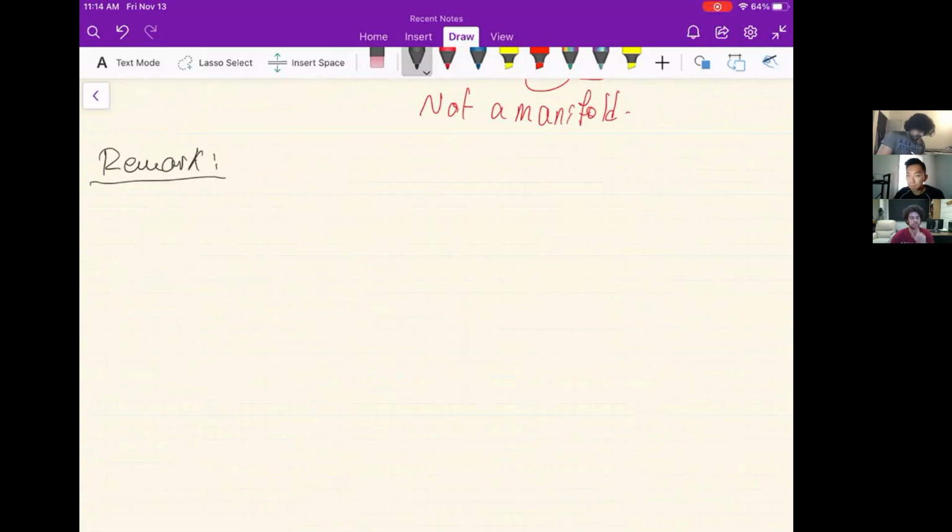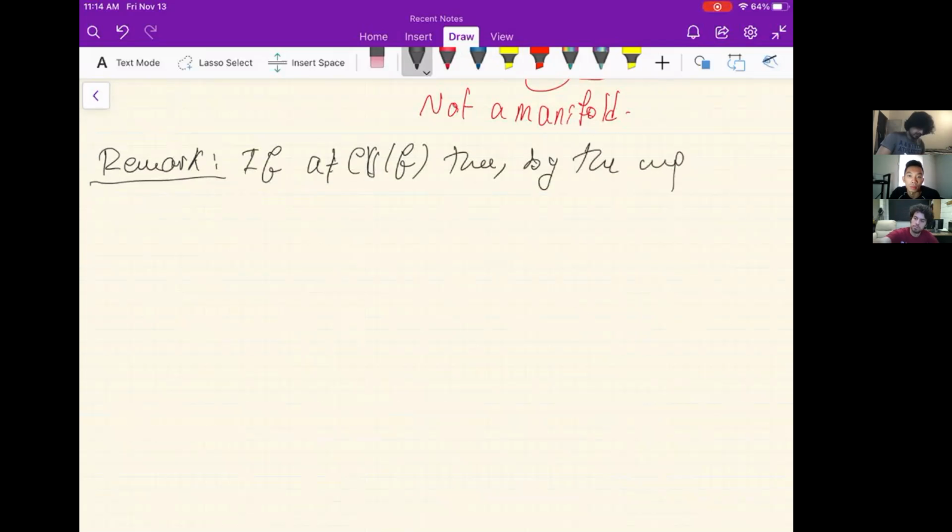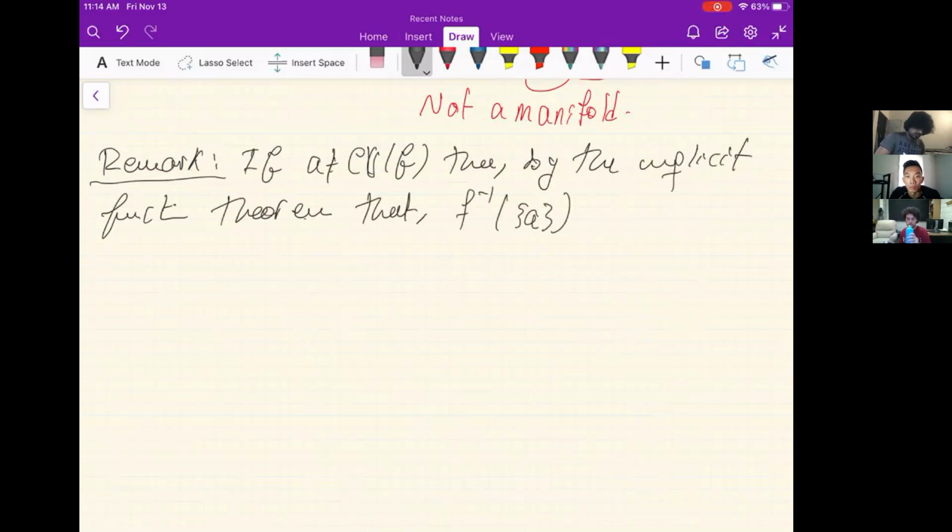So if A is not a critical value of f, then we know by the implicit function theorem the first thing: f inverse of A is an n minus 1 smooth manifold.